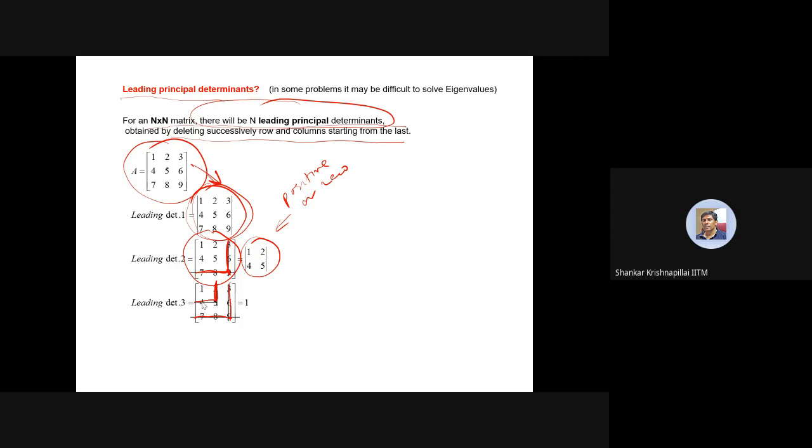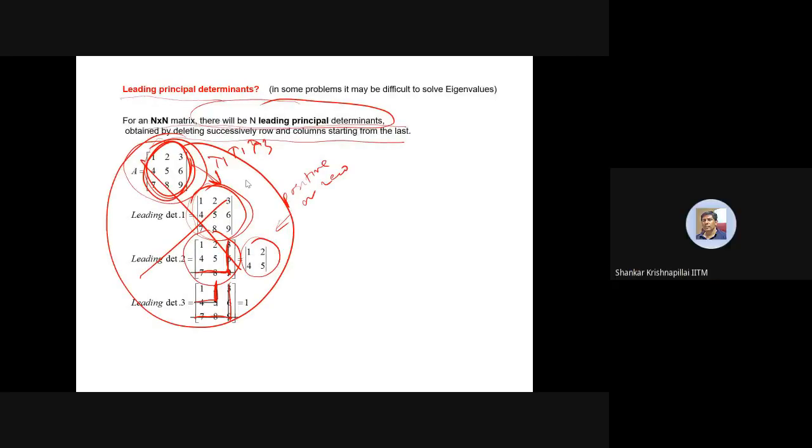Okay. And that alone is not enough. The diagonal elements should also be positive. Only then is it positive definite. So if you don't want to do all this, you can find the eigenvalues of this matrix, lambda 1, lambda 2, lambda 3. They should be 0 or positive.